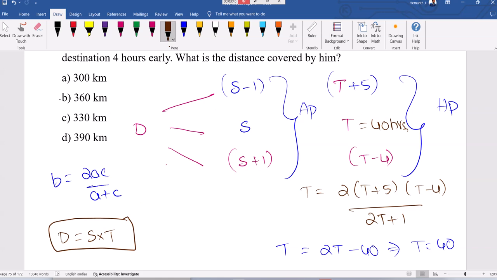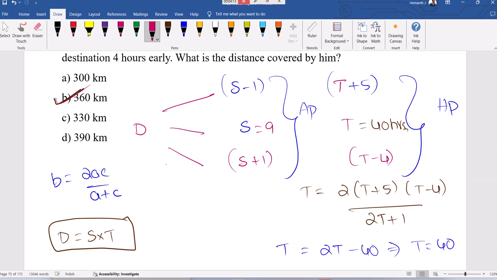Let's take, if it is 360, the speed will be 9. Here it should be 10. If speed is 10, 360 divided by 10 gives 36 hours, which is 4 hours less. If it is 8, it takes 45 hours, which is 5 hours more. Here perfectly the distance is 360.